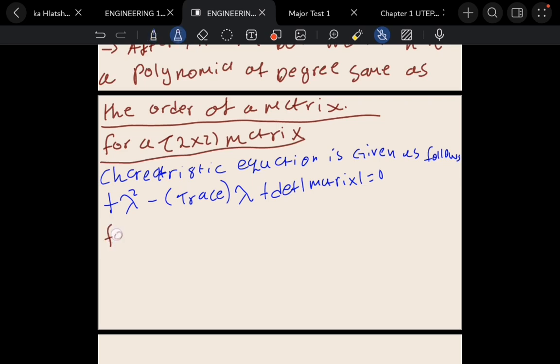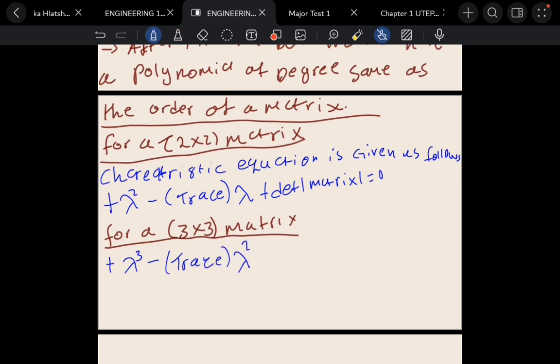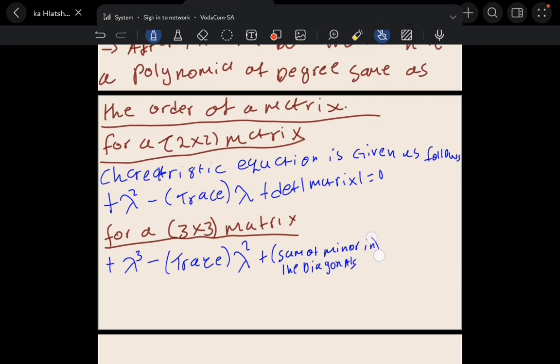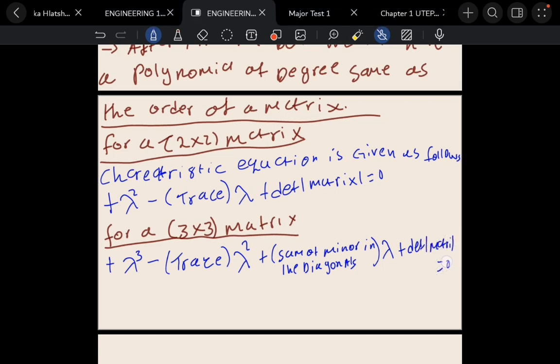And for a 3 by 3 matrix, the characteristic equation is given as follows: positive lambda cubed minus the trace times lambda squared plus the sum of the minors of the main diagonal times lambda minus the determinant of the matrix is equal to 0.